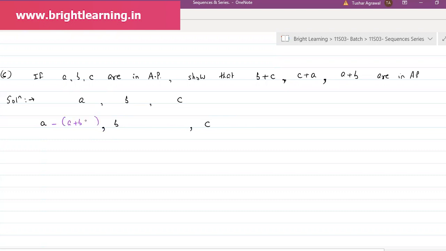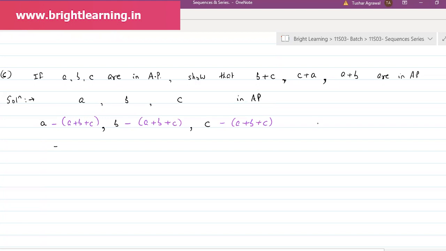A plus B plus C. Here also I will subtract A plus B plus C, and here also I will subtract A plus B plus C. The same constant I'm subtracting from all three. So what does the sequence become? The first term becomes minus, and A, B, C are in AP.